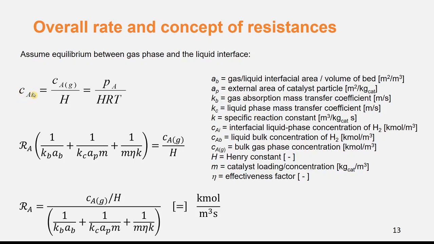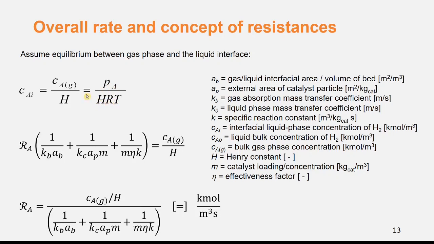Therefore, CAI, which is the liquid phase concentration at the gas-liquid interface, is equal to CAG, the gas phase concentration, divided by H, the Henry constant for A. In terms of partial pressure, we can use the perfect gas law to convert the concentration to partial pressure. So CAI is also equal to PA, the partial pressure of A, divided by H, the Henry constant, times RT.